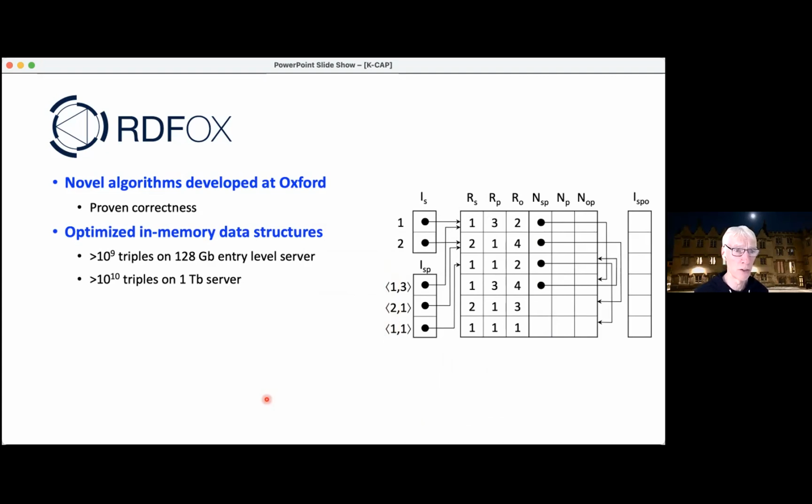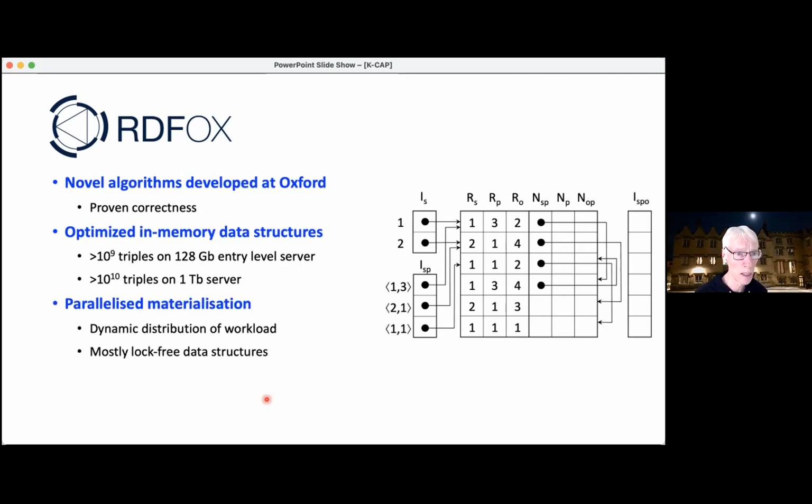That does introduce some constraints on the ultimate size of the graph that we can store on a single server. But with modern servers, having potentially very large amounts of memory, we can still store 10 to the 10 triples on a large server, which is enough for most applications, I would say. And as I was just mentioning, this data structure supports parallelized materialization without locking the data structures.